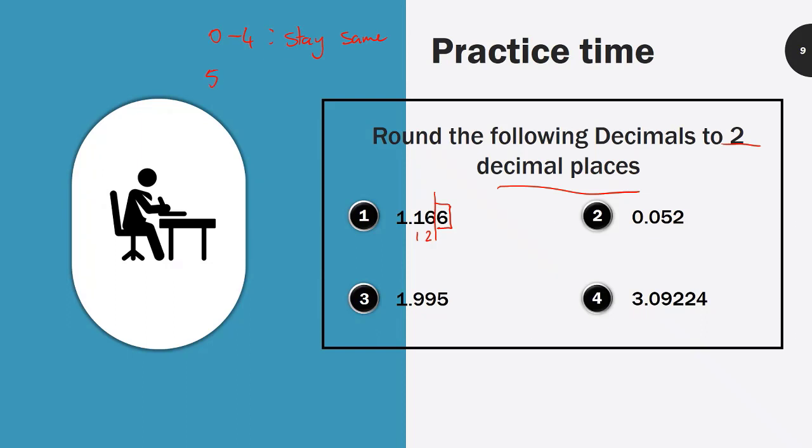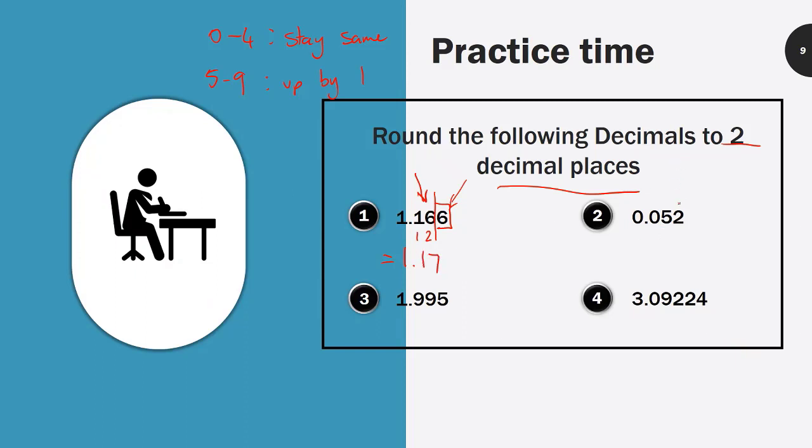And then here 5 to 9, up by 1. So our number on the left of the line, it's the one that is going to either stay the same or get changed. And in this instance, it has to go up by 1 because my critical digit is a 6, which is between 5 and 9. So my answer there would become 1.17.